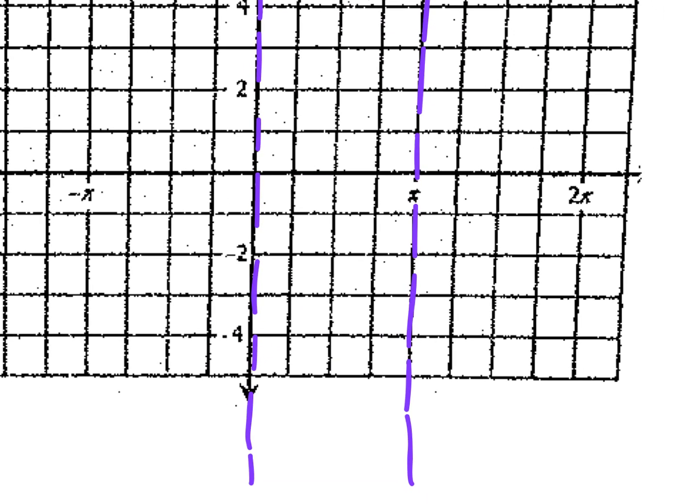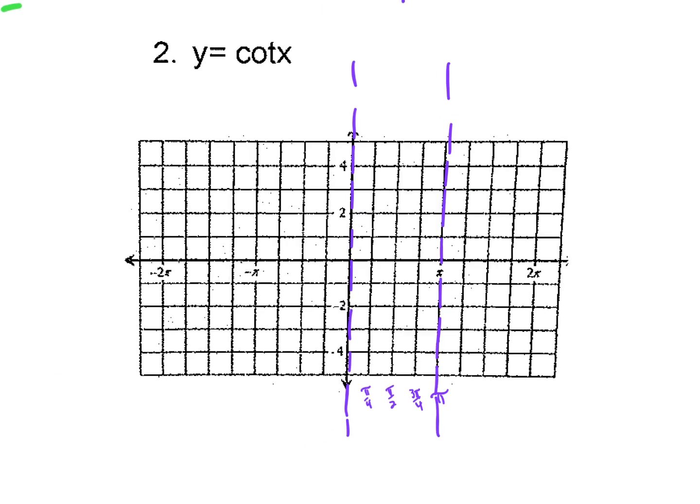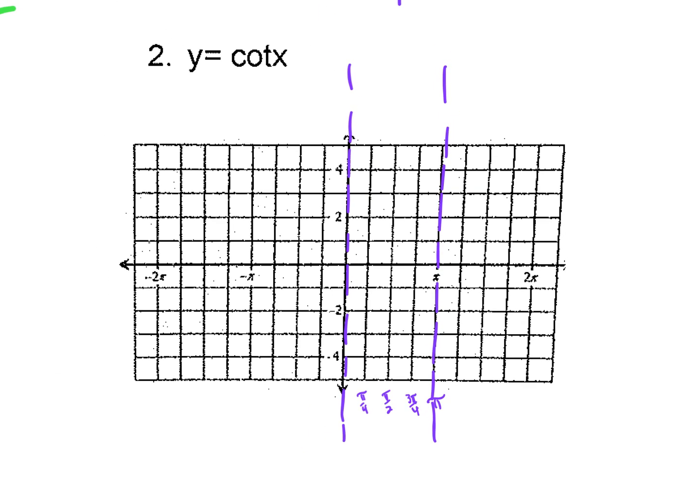If we're going to do the x-axis markers for this one, think about that. We're doing 1/4, and then 2/4, which is equivalent to pi over 2, and then 3/4, and then the 1 pi. All right, so those would be our x-axis markers. This is a cotangent graph.